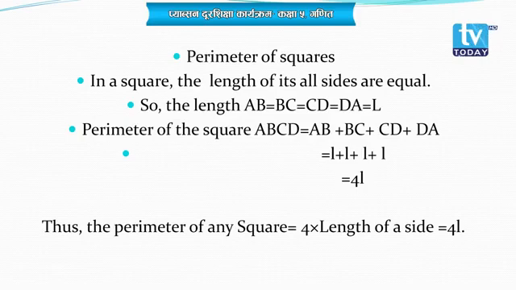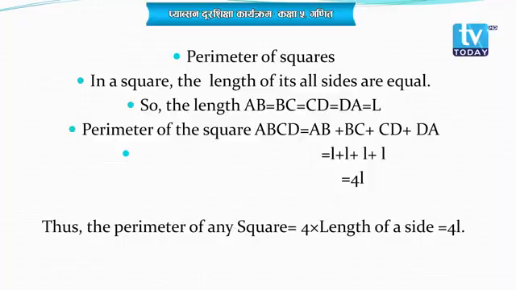The perimeter of square ABCD equals AB plus BC plus CD plus DA, that's it, 4L. So students, the perimeter of a square is 4 into the length of one side, which equals 4L. The number of sides should be multiplied with the length of one side, that is 4L.